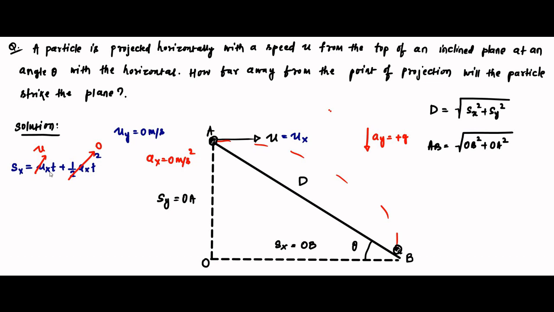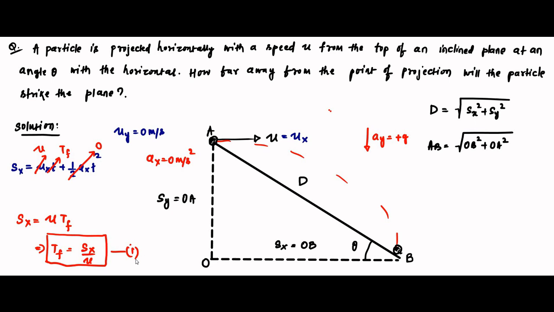So we'll substitute t with time of flight Tf. So Sx is equal to u into Tf. That implies Tf is equal to Sx by u. We will keep it in a box because we'll use this equation in the next series of analysis.